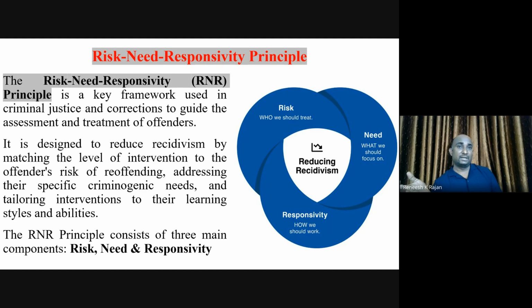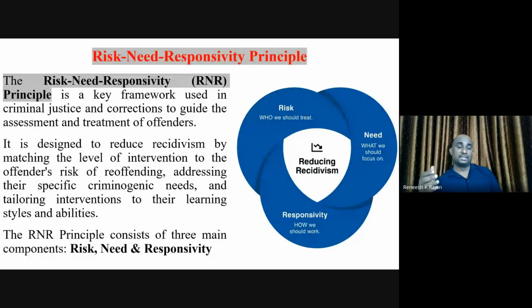For example, if there is a psychological problem, we may give cognitive behavioral therapy; if there is substance abuse, we give de-addiction programs; for family or marital issues, we give counseling. So for different criminogenic needs, we have different intervention programs to rehabilitate them.